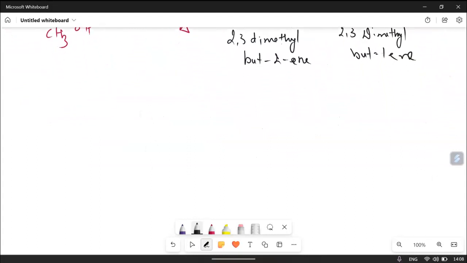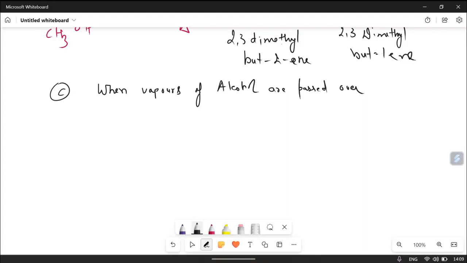The next reaction which we are going to discuss is of alcohol, when vapors of alcohol are passed over heated alumina, which means Al2O3, or thoria.